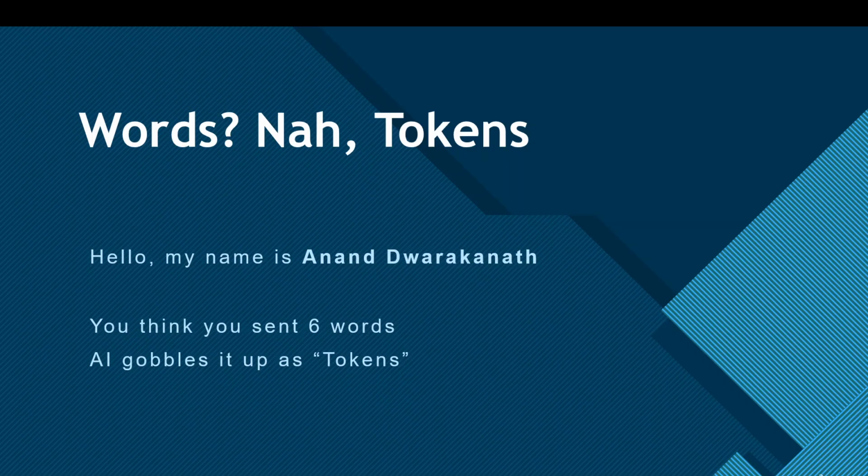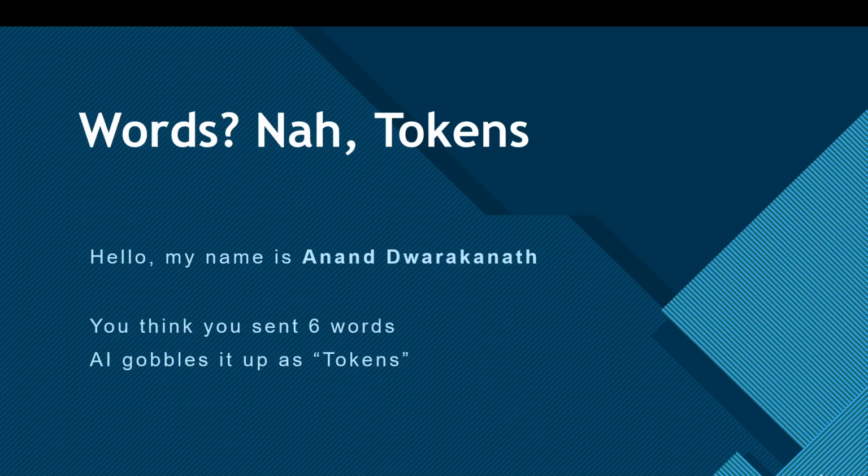So, it breaks the text into smaller chunks called tokens, and each token could be a word, could be a part of a word, it could be a punctuation or even a space. So AI doesn't see language like what we humans do. What it sees is basically a sequence of tokens.